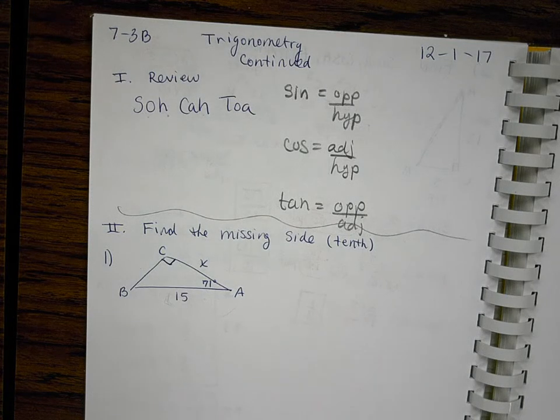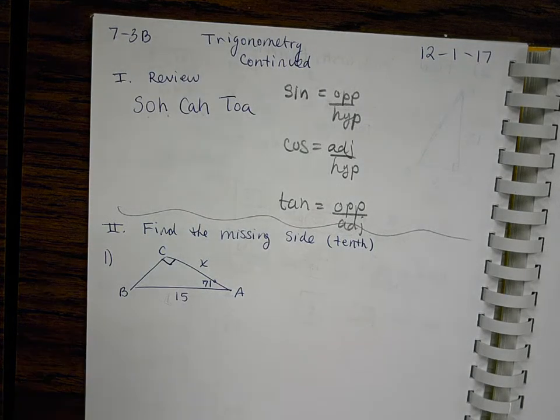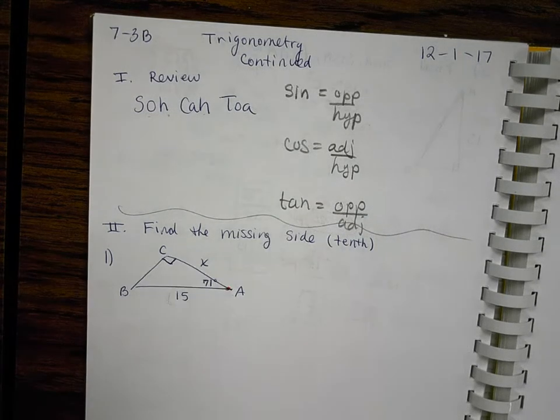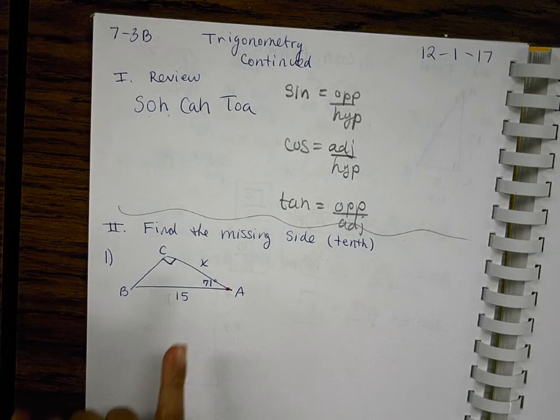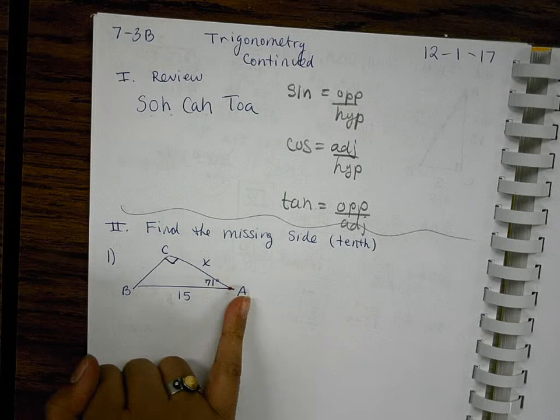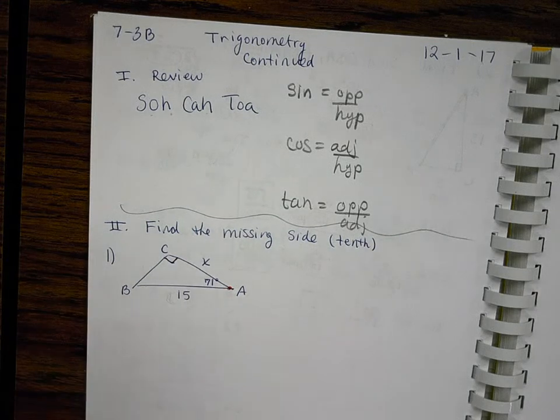Okay, the next thing you're going to look to see is which angle is given. And it's angle A, so I'm putting myself sitting at angle A. Technically, if you wanted to, you could use angle B if you did add and subtract from 180, but we're not going to waste our time because 71 is all we need. After you've done that, start to label your sides.